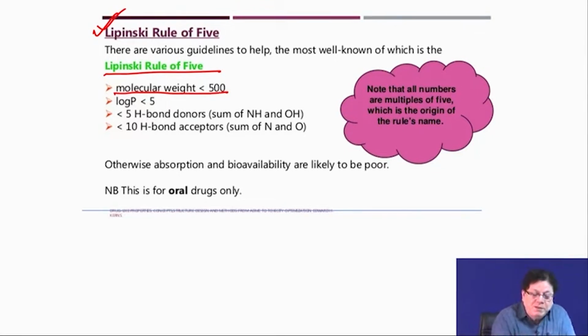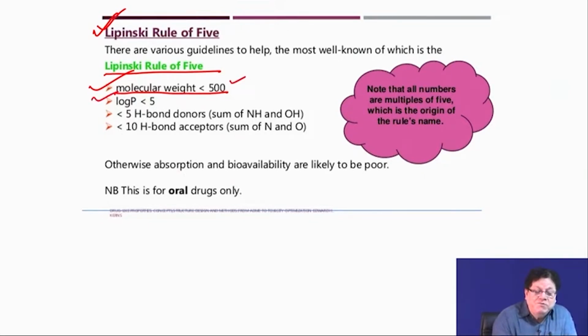It is not sacrosanct that it has to be less than 500 always. There may be some molecules which are having 550 or 600, but this is a general guideline that a molecule is drug like when it has a molecular weight of less than 500.